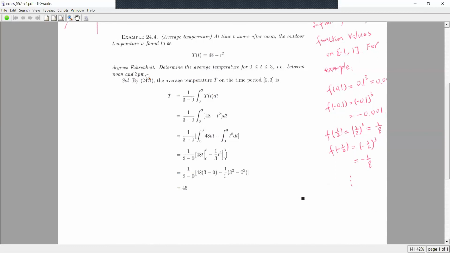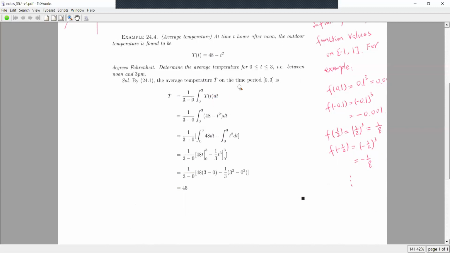We have the average function value formula. I use the formula. Then the average temperature is 1 over b minus a times the integral from a to b of the temperature function.